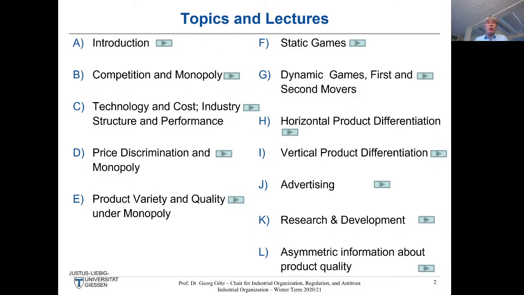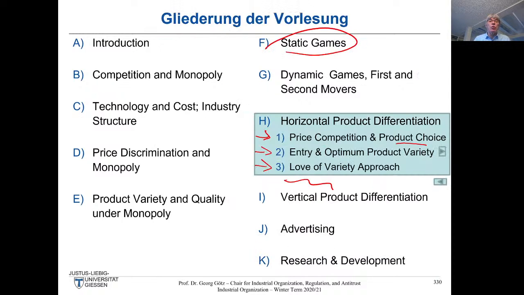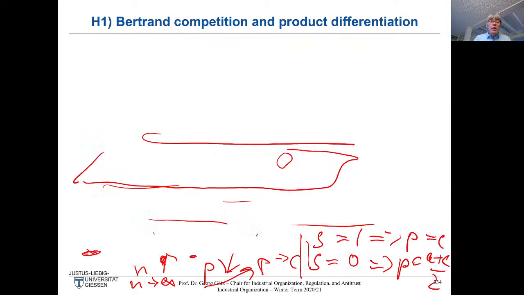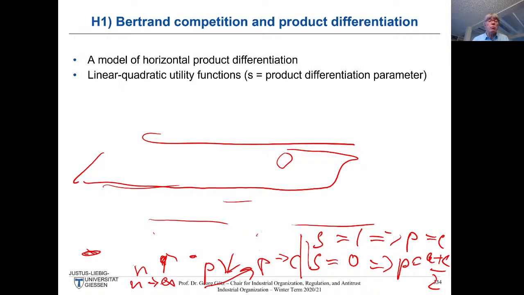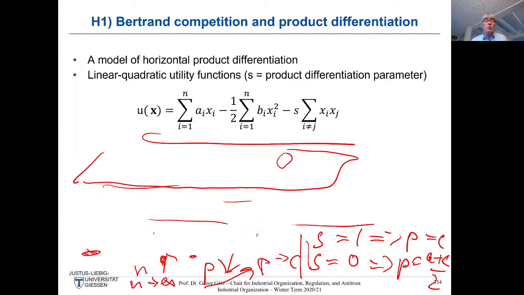Last week we started with horizontal product differentiation and looked into Bertrand pricing in an oligopoly setup where firms offered products which were horizontally differentiated. We started with this model of horizontal product differentiation based on a linear quadratic utility function, which you see once again here.